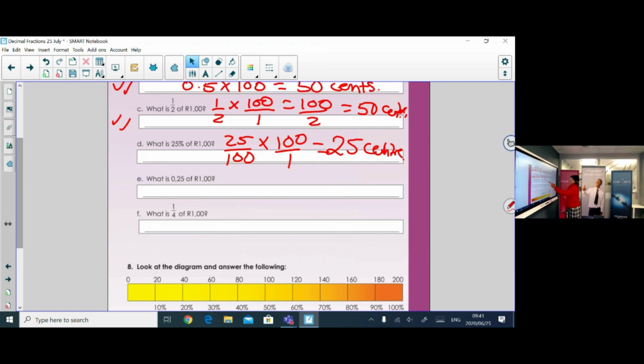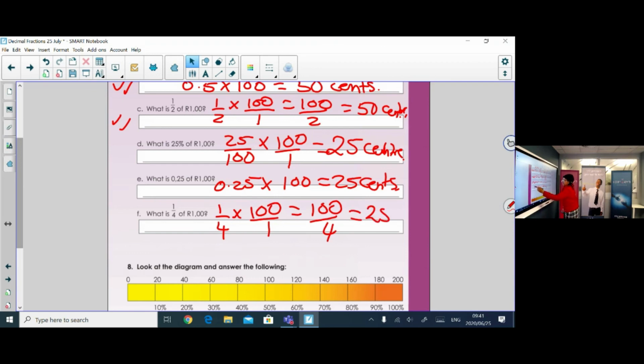What is 0.25 of that? 0.25 multiplied by 100. The answer is still 25 cents. What is a quarter of 100 cents? We multiply by 100, we get 100 over 4. If you divide that, you get 25 cents.